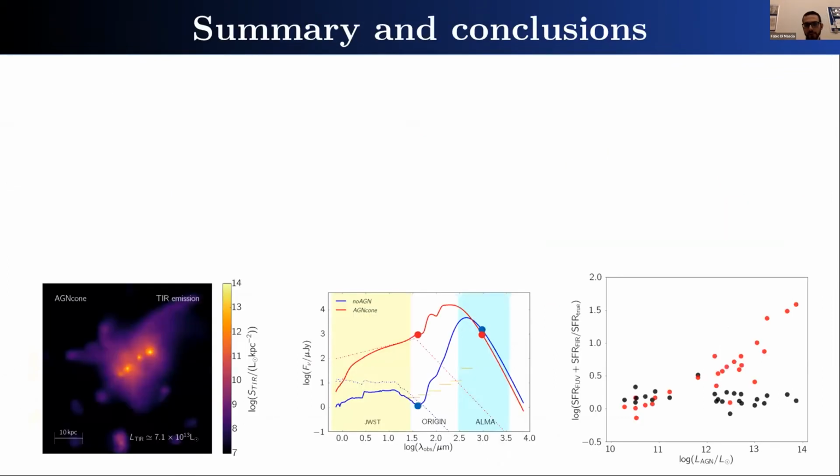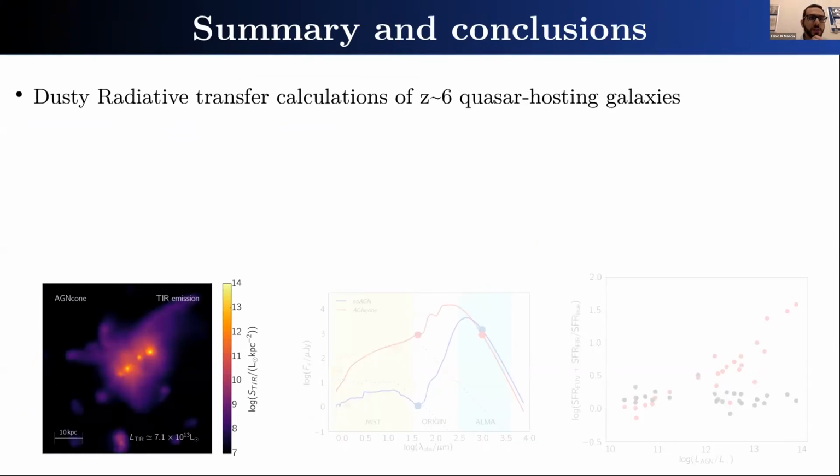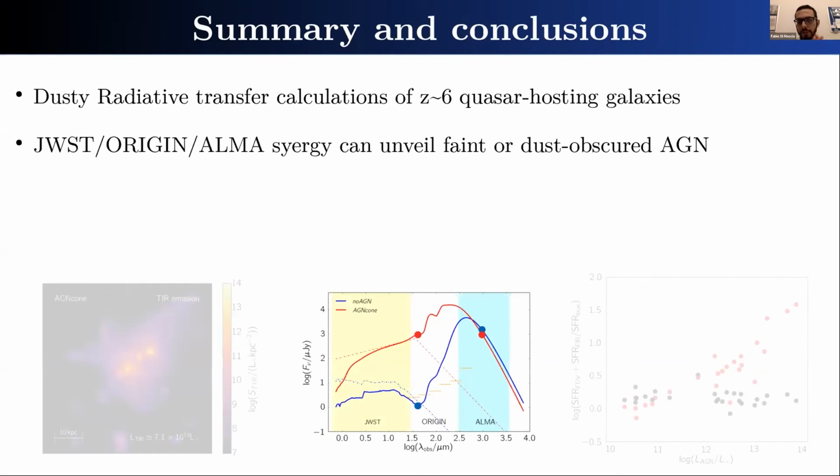So I will briefly summarize my talk. We performed radiative transfer calculations through dust of redshift 6 quasar galaxies, and we find that the far-infrared to mid-infrared ratio can be a proxy of AGN activity and can be used by current and future facilities to unveil faint and/or dust-obscured AGN.